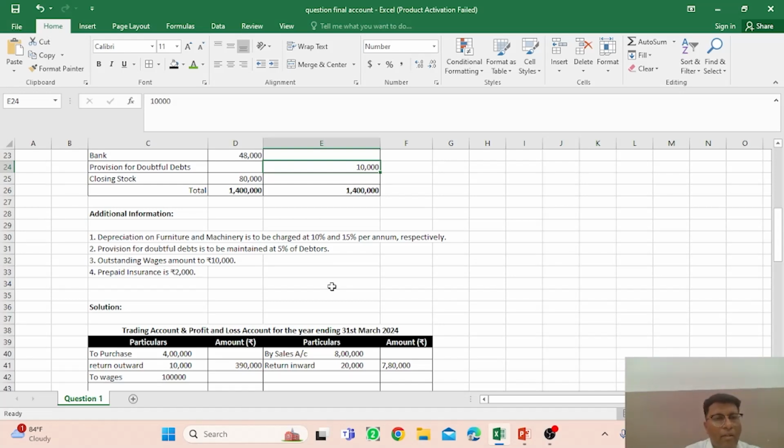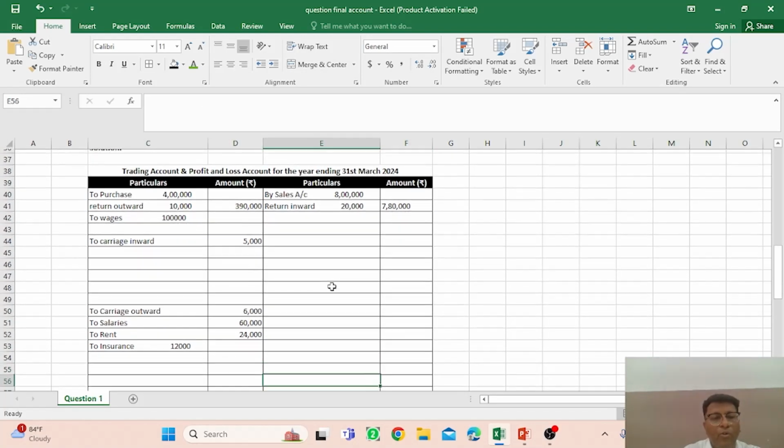So the very first thing is bad debt, then plus new provision, and then you have to subtract the old provision that is given to you on the credit side in the trial balance. This is the 10,000. This amount 10,000 is for provision for doubtful debts, and it would be assumed as the old provision, right? So it would be subtracted, but as you are observing, there is no case of bad debts in the trial balance, and the new provision is less than the old provision, because 6,000 is the new provision.